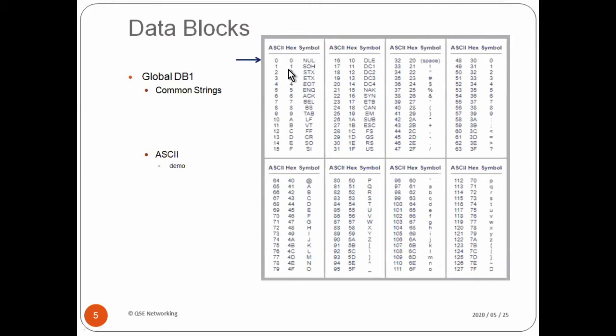Just consider the null. If the register or the byte in the PLC, sorry, I want to go back, has got a 0 in, as far as a string is concerned, that is a null string. It doesn't have information in it. So typically when you have a comms link between two things, if there's nothing happening, it can transmit zeros, which is technically null, which means nothing is happening.